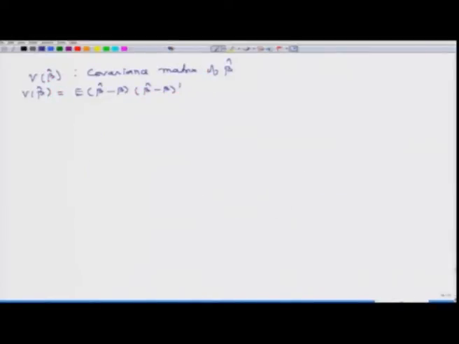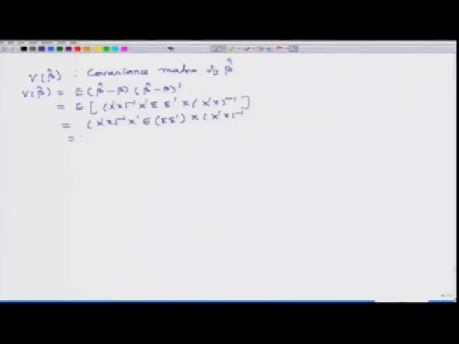So, I simply have to substitute it here and we obtain it like this, epsilon transpose X (X transpose X) whole inverse. Now, since we have assumed that X is a non-stochastic matrix, I can take the expectation operator inside and write like this.